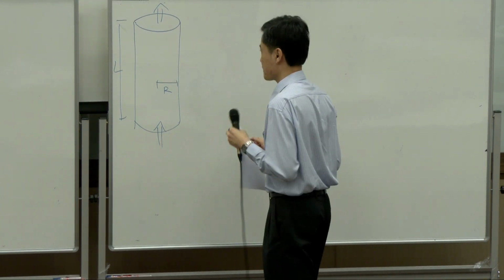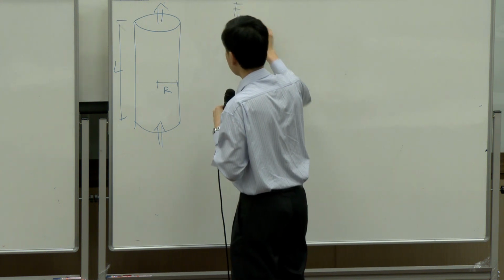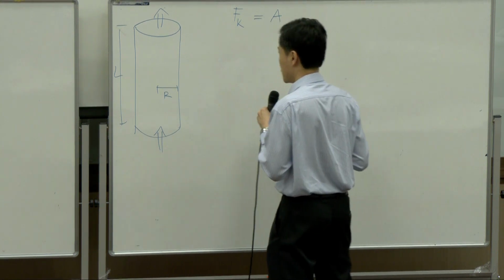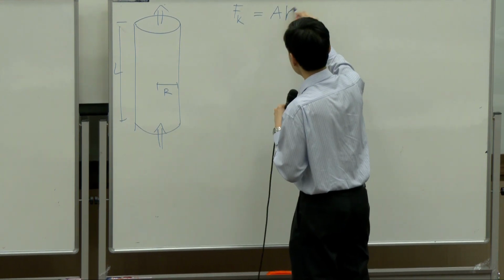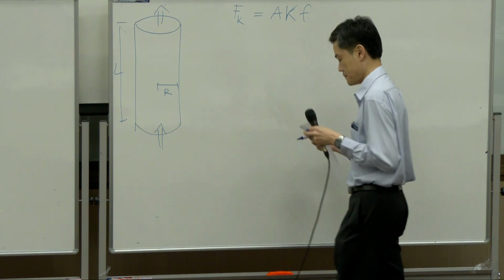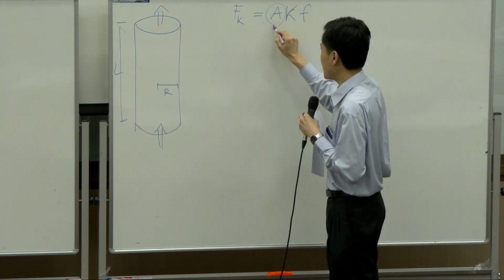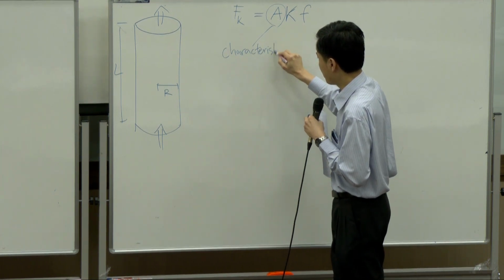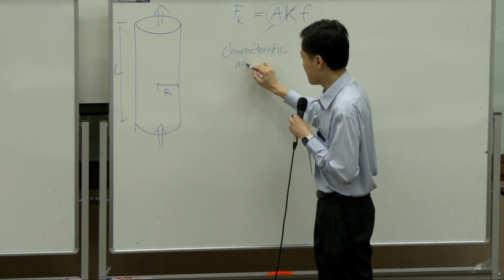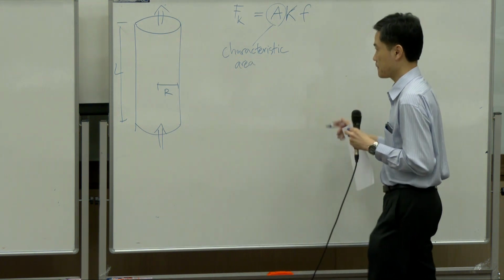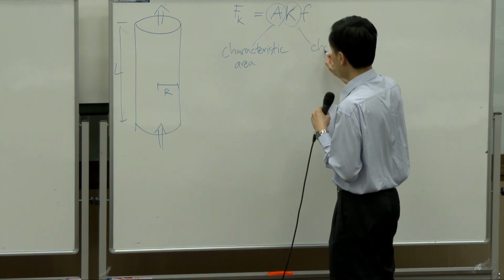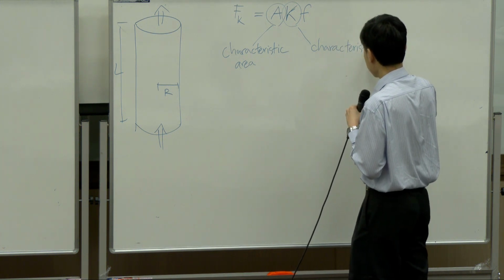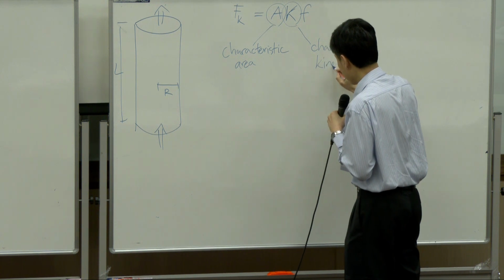Now, here's the definition. The force is equal to A, K, f. A here is called characteristic area. K is characteristic kinetic energy.